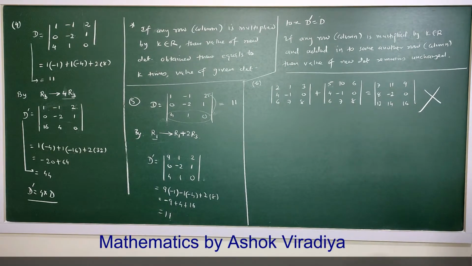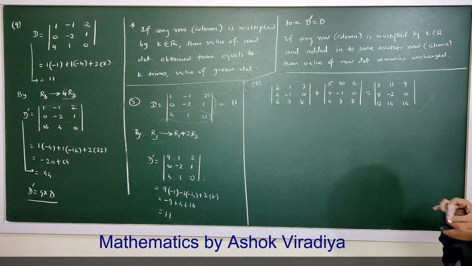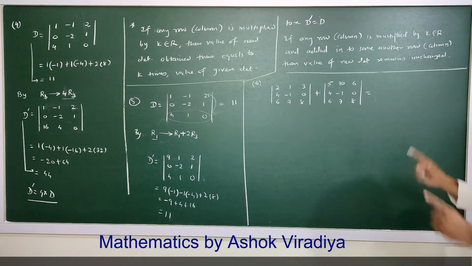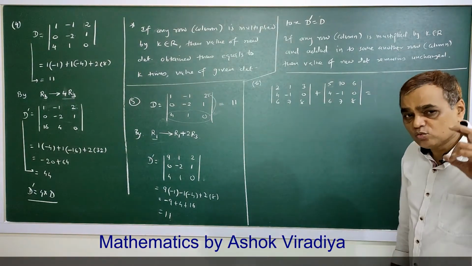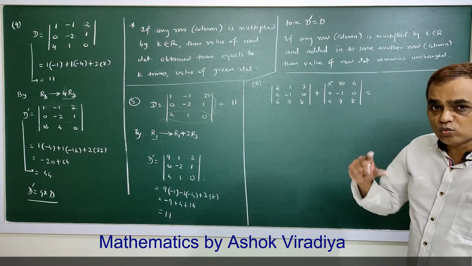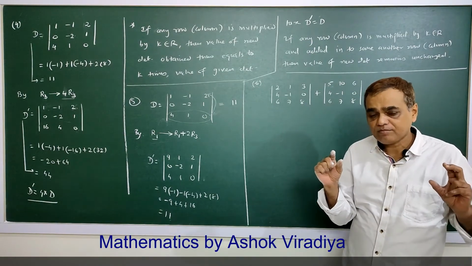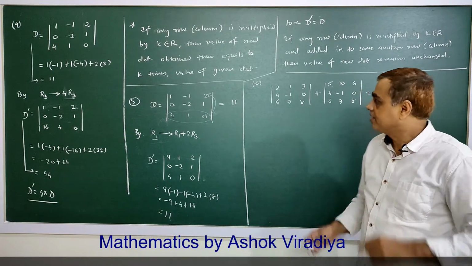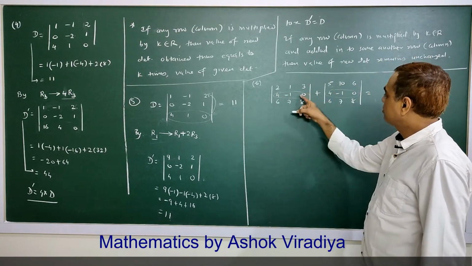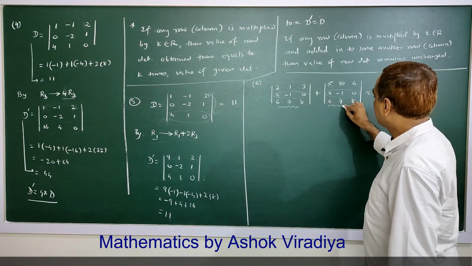So what to do to add two determinants? Whenever we add two determinants, first of all check whether in the given two determinants two rows or two columns at the same level are the same. Here the second row and third row are the same in both.